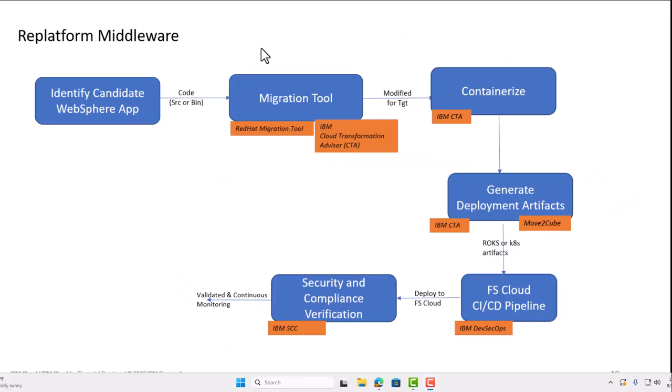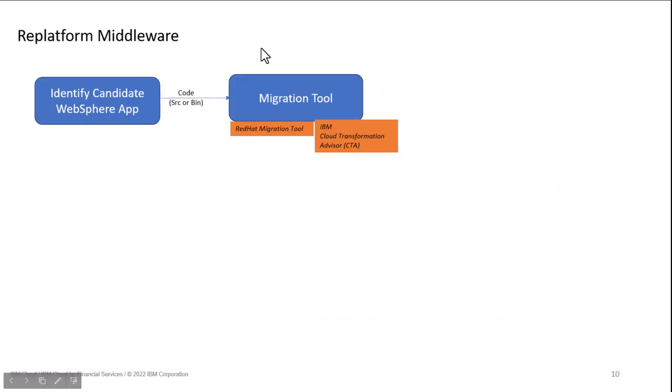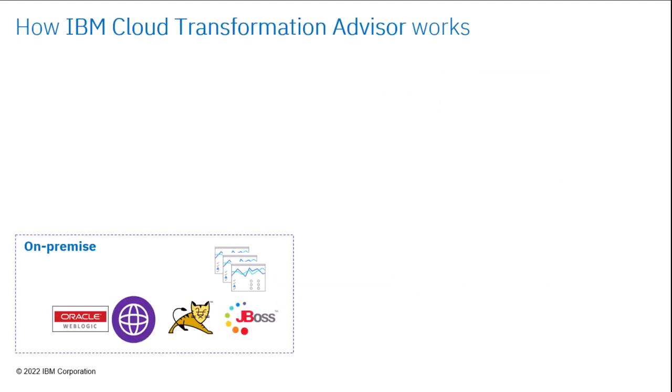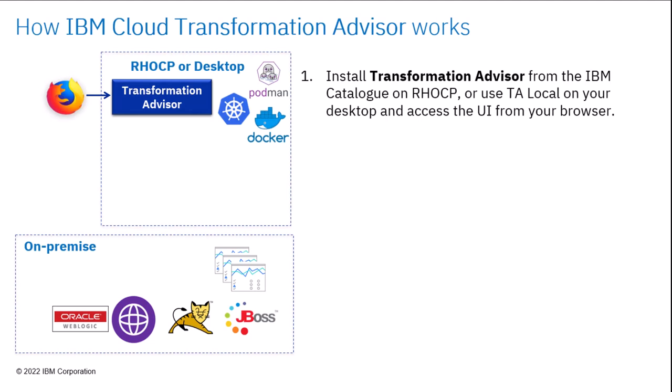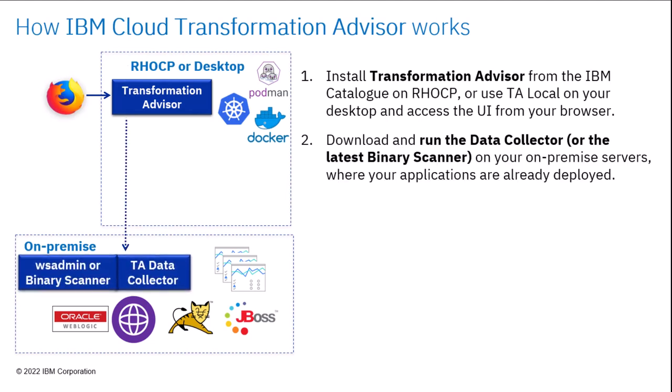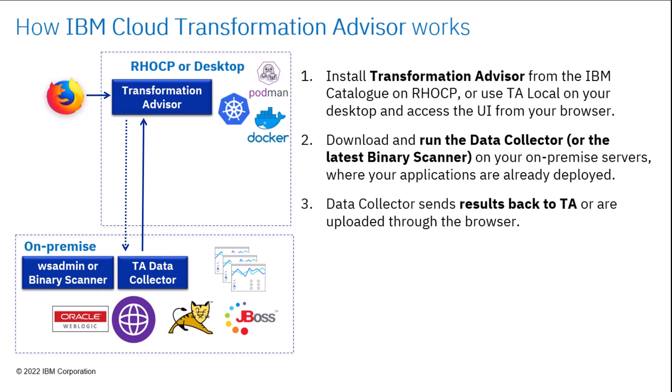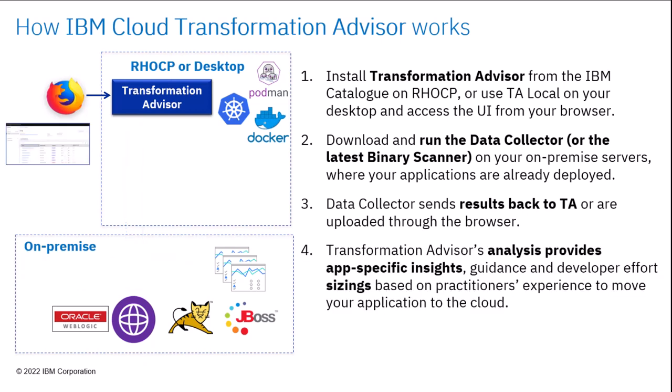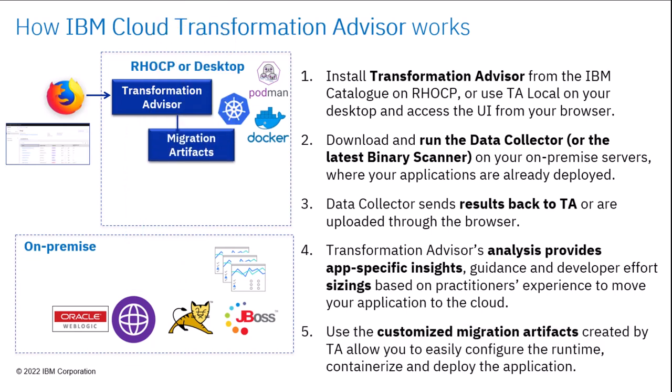The first step in the transformation process is to assess the application for migration to a target runtime. The Cloud Transformation Advisor performs this assessment against different source and target combinations, providing insights into application complexity. It uses a pluggable data collector to analyze the source environment, which includes both the application binary as well as application server configuration, for example, WebSphere traditional deployment.